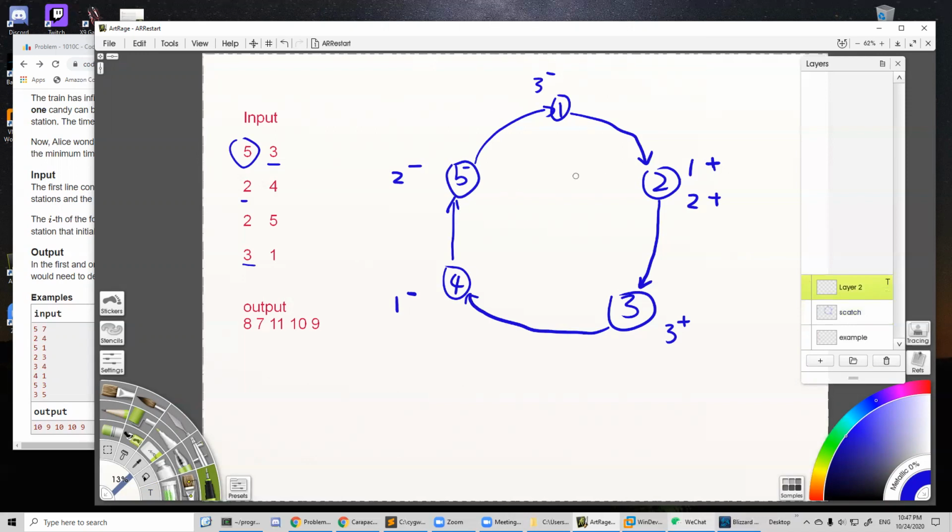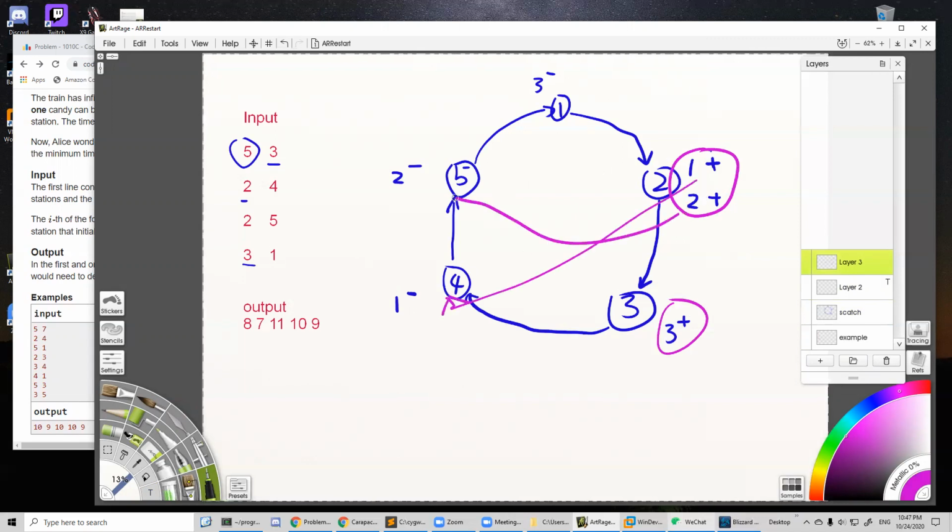So our goal here is to move all of the candies from the starting point to the ending point, and we are going to have a train to do that. Let's say the train starts from the first point and moves along the circle. First is here, second is here, and here it can pick up one of the candies in this station.